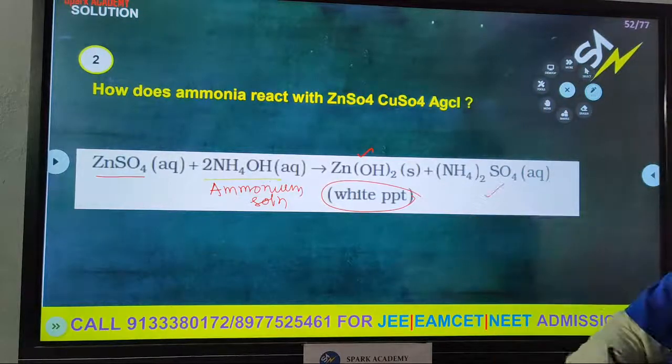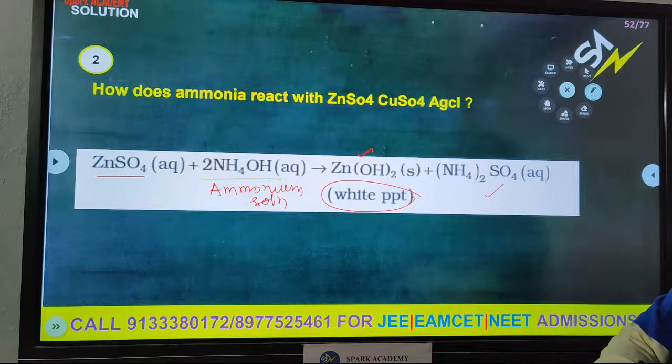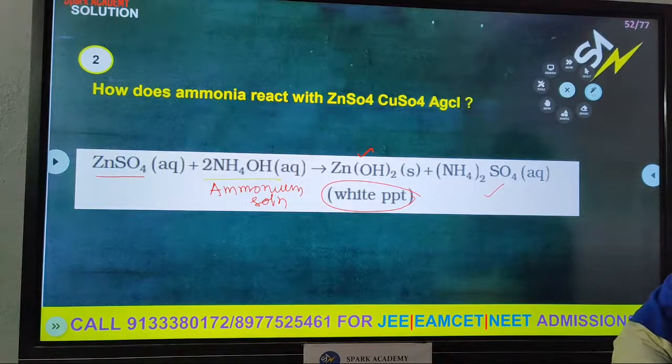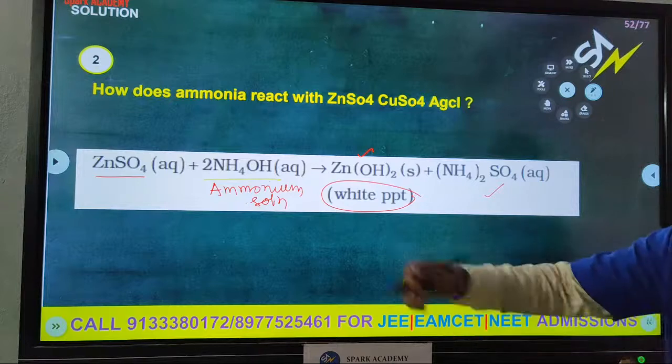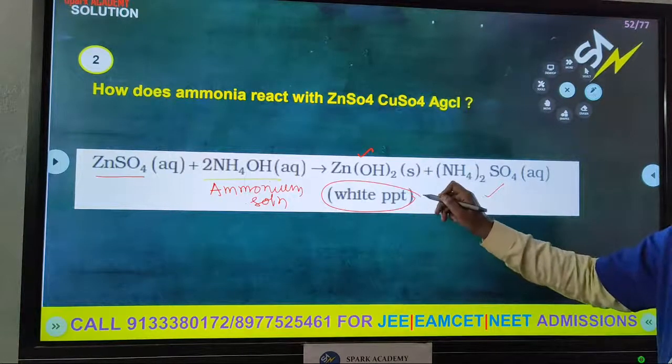The byproduct is ammonium sulfate. ZnSO4 reacts with the ammonium solution. What is the formula of the ammonium solution? NH4OH. It gives a white precipitate.